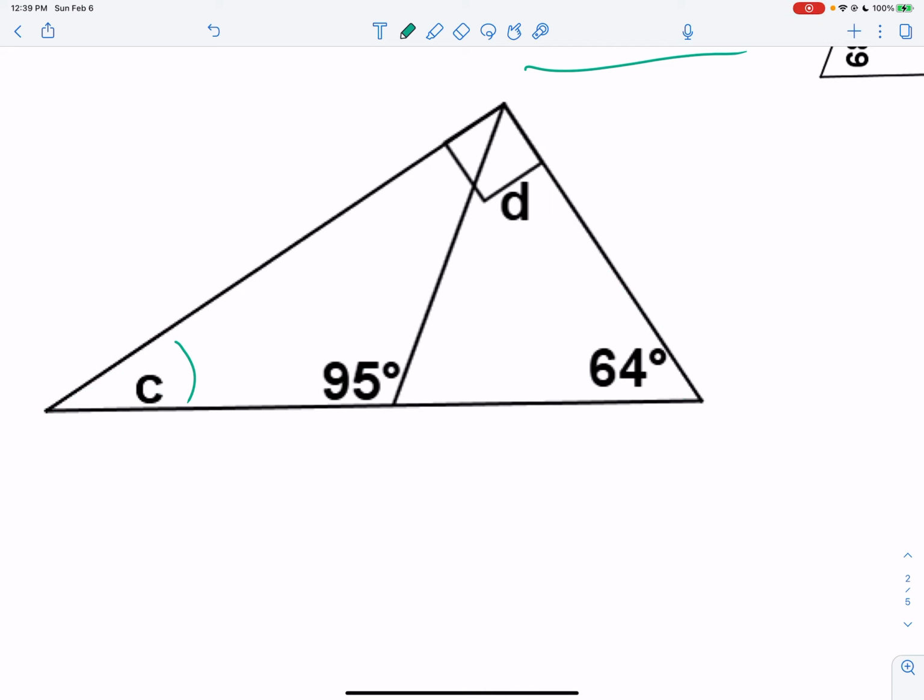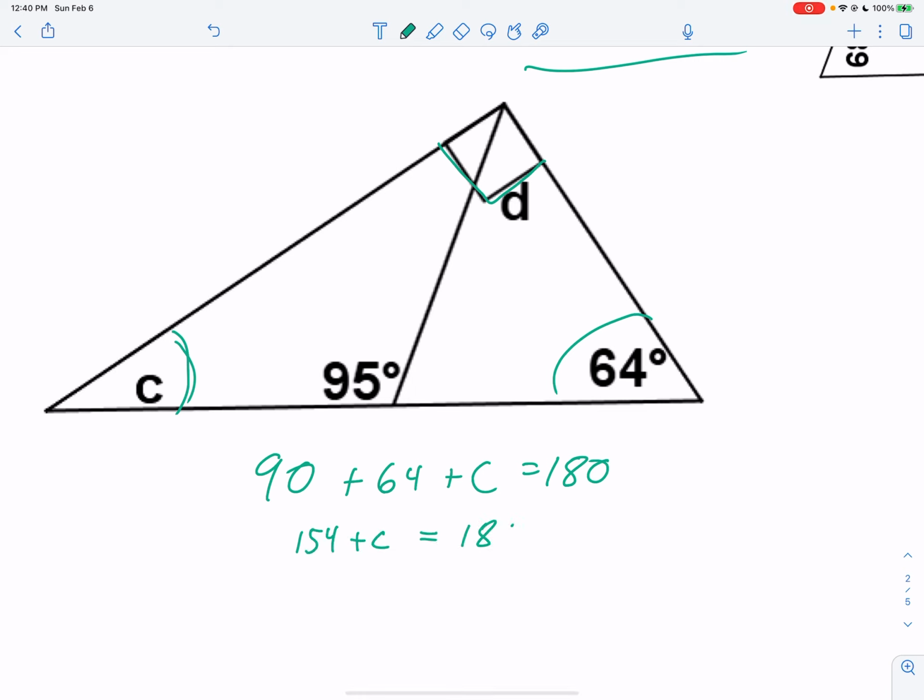Okay. Looking at the full triangle, I get 90, this whole thing. I get this plus 64 plus this, and that's going to be 180 because all the angles in a triangle sum up to 180 degrees. So I get 154 plus C equals 180.